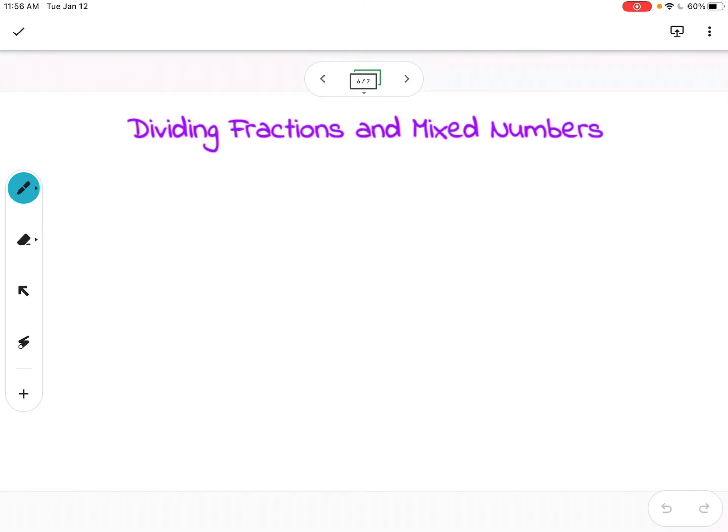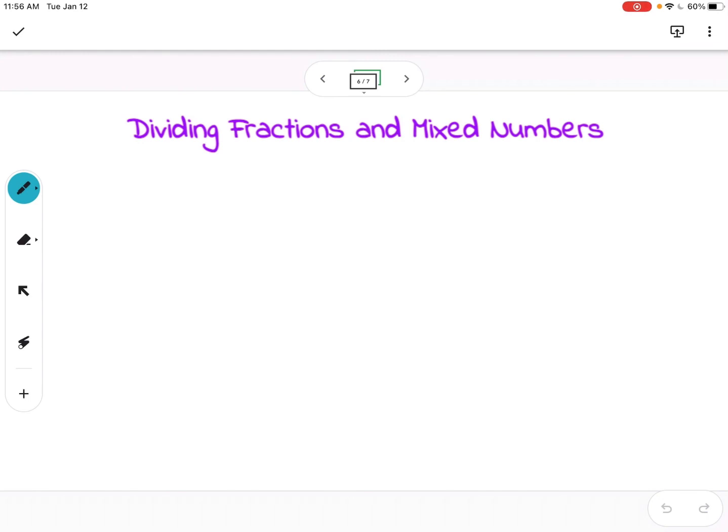All right, now let's move on to dividing fractions and mixed numbers. So just like we had in our previous example with whole mixed numbers, now you should know how to convert. So we are going to go ahead and do that.